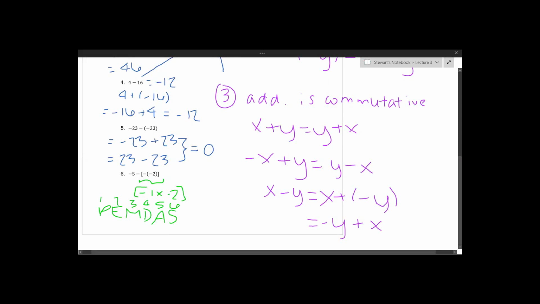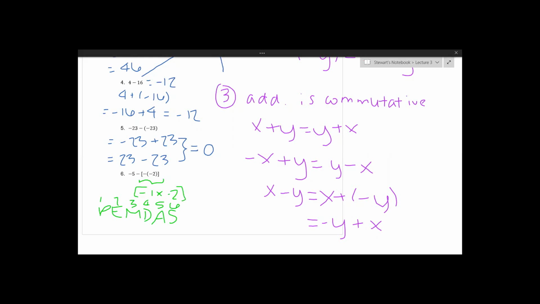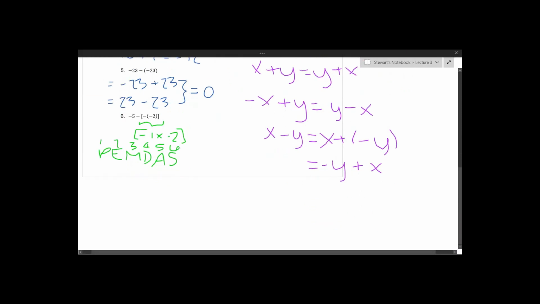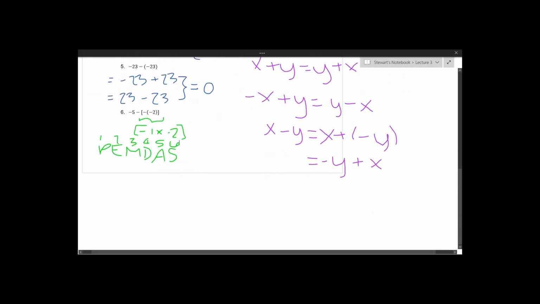In this case, we have parentheses and multiplication, so we have to take care of this before we deal with the subtraction here. If you come across something like this, you have to do order of operations first, because when you see just a subtraction sign outside of here, that's multiplication.